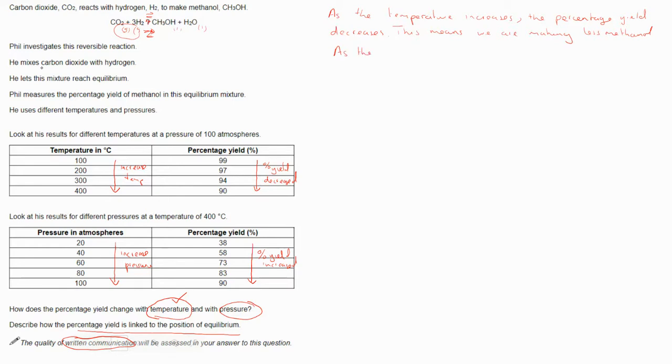So as the pressure increases, the percentage yield, in this case, increases. This means we are making more methanol.